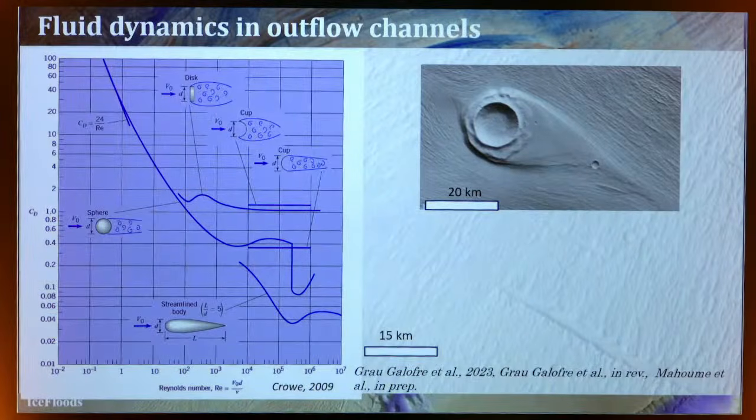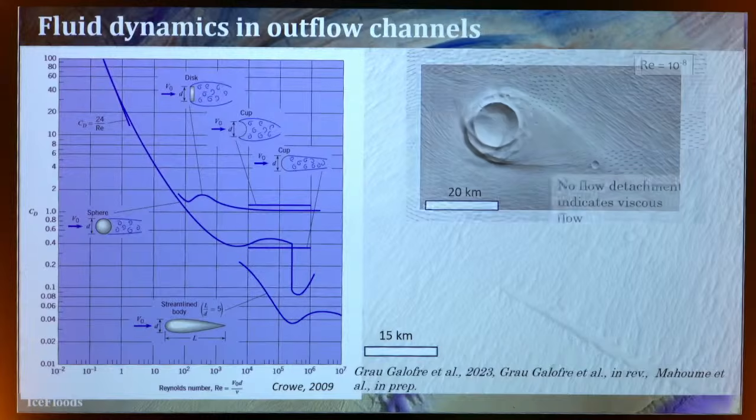So what's interesting is to start looking at the streamline island. Here's a really nice example that we see, and to try to derive what the dynamics of the fluid that made this were. We're looking here, on this diagram, at the drag versus the Reynolds number of different obstacles of different shapes, and we see that the streamline shape is just the shape that happens to minimize the drag.